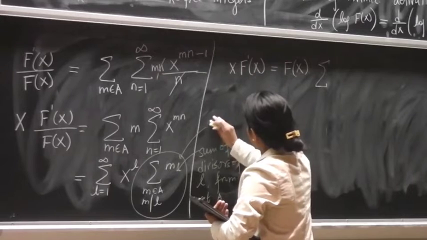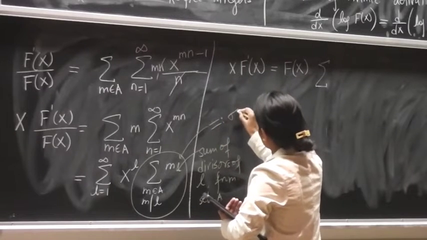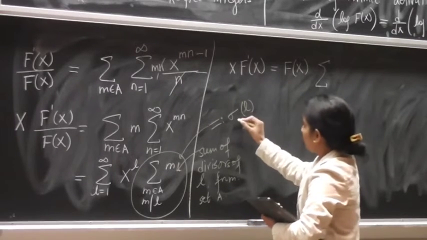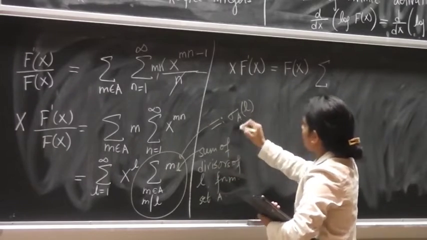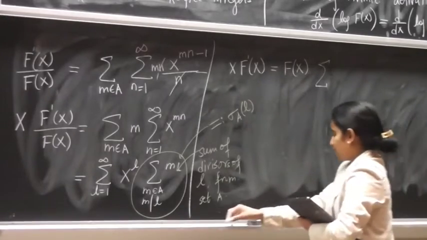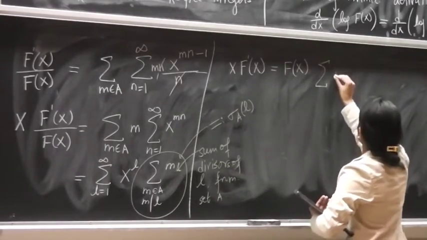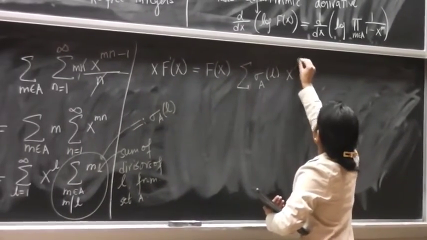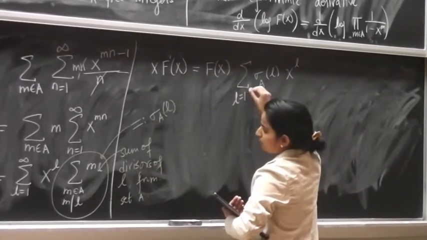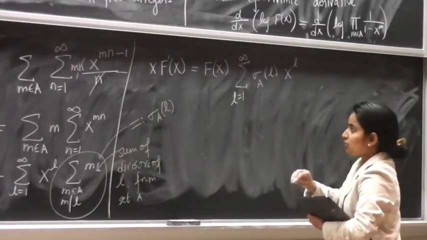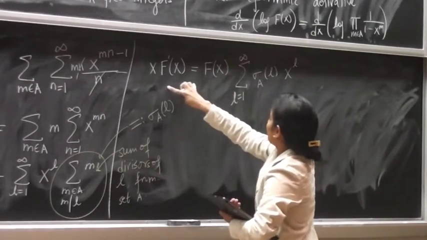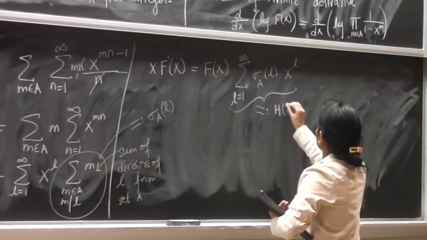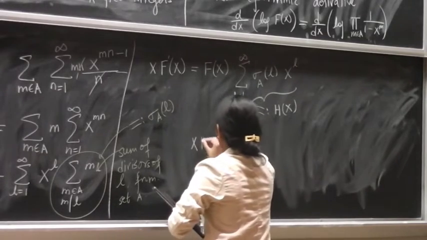So I will say this is defined as sigma of, you are adding divisors of L, but because your parts come from set A, we will just denote it by sigma A. And when we have that, then what I'm left with is a power series sigma L x to the power L, L going from 1 to infinity. Okay, so now this is nice equation, you have power series both sides, and let me call this as h of x.